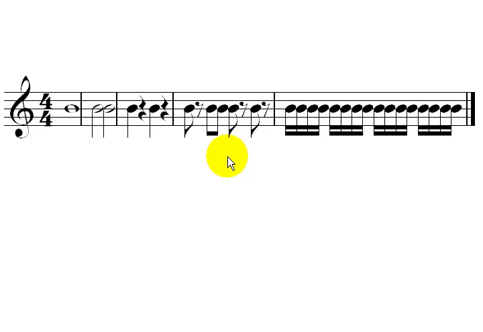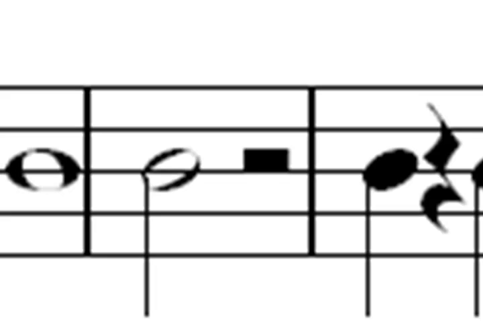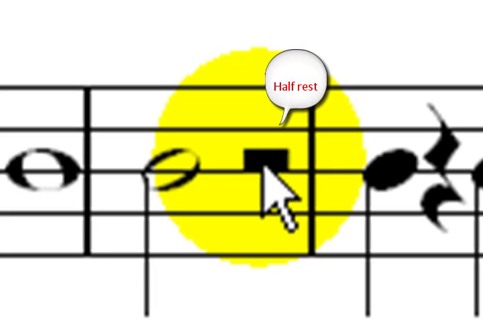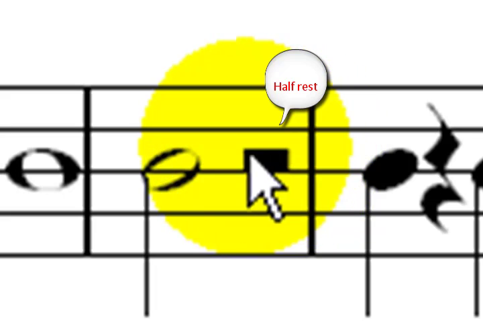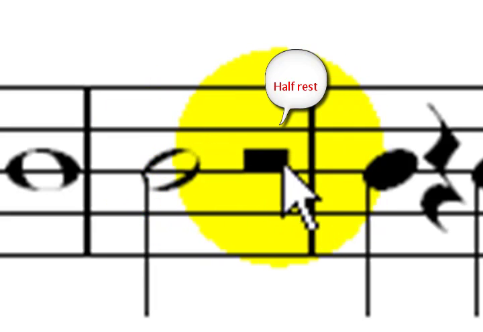So let's see what happens if we take out the longer notes. For example, this half note here. Now as you can see, the half note has been replaced by the half rest. And the half rest is a box sitting on the 3rd line.